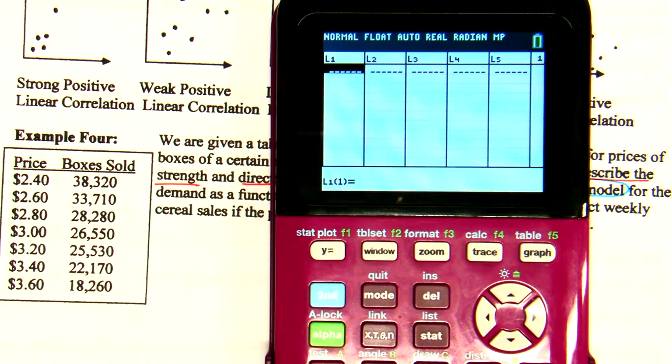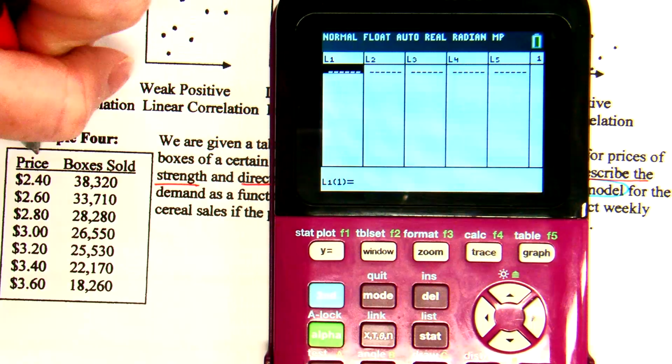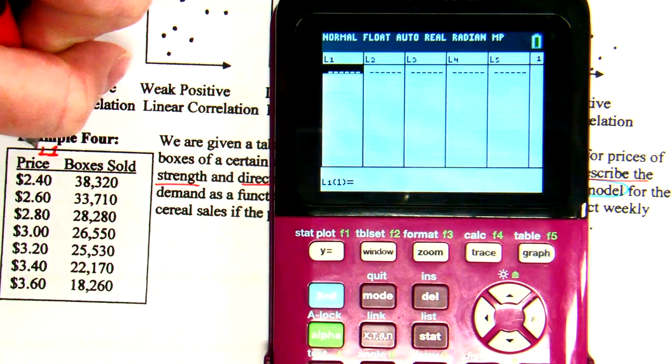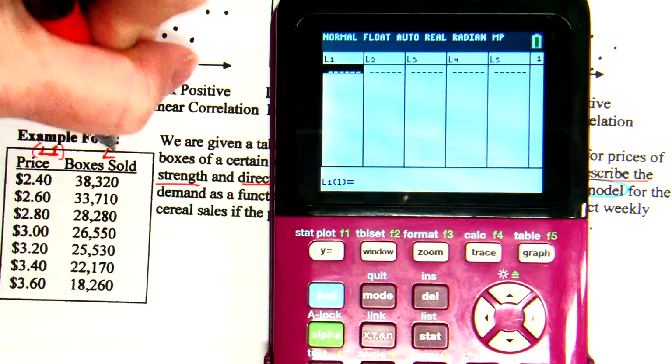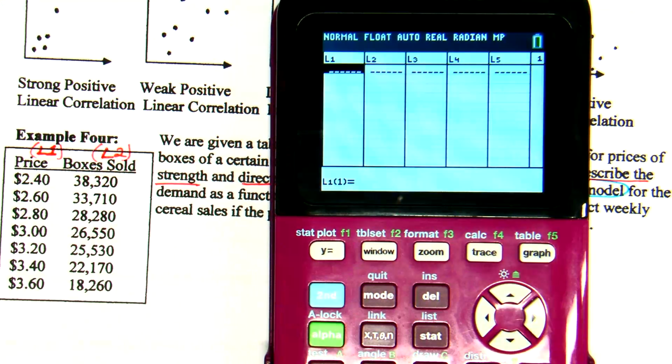I would suggest the price is the independent because the price is set. So I would put those prices in L1. And then the boxes sold is the dependent because it depends on what the price is. So I would put your boxes sold in L2.